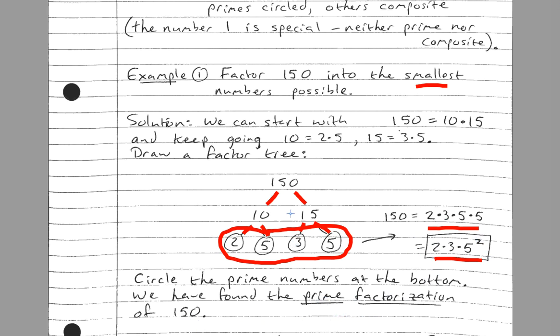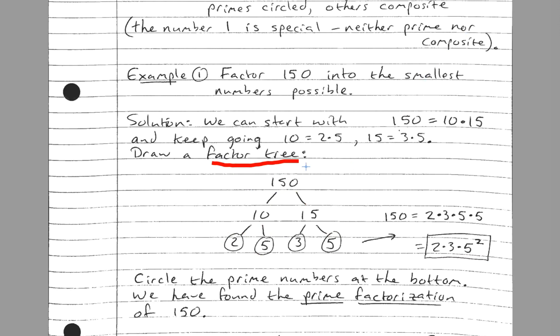Okay, so every number, if you keep breaking it into smaller and smaller pieces, you'll eventually get to prime numbers. So the prime factorization of 150, writing 150 as a product of prime numbers, looks like this. And this is a good way to do it.